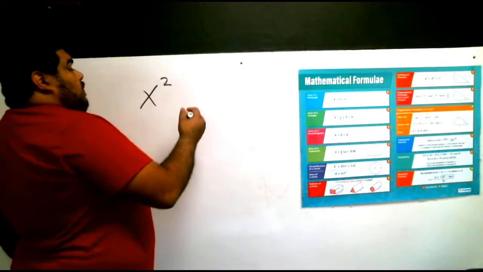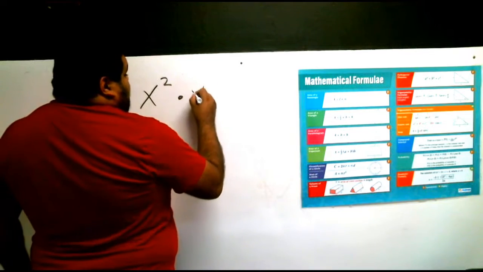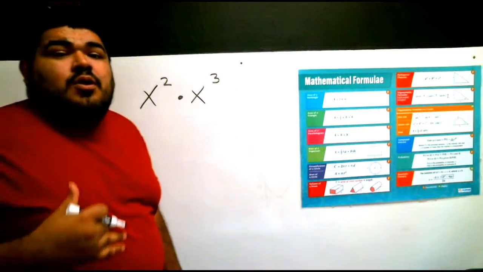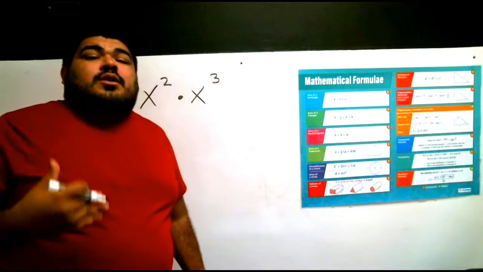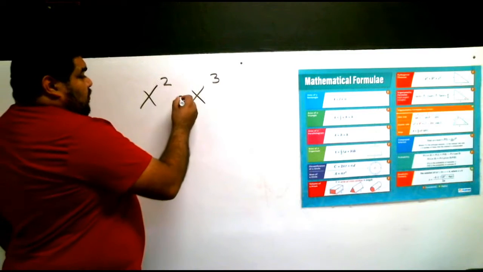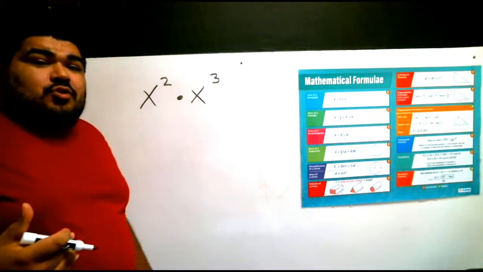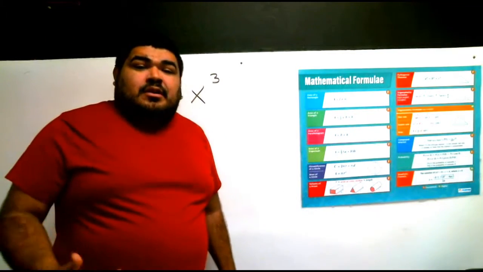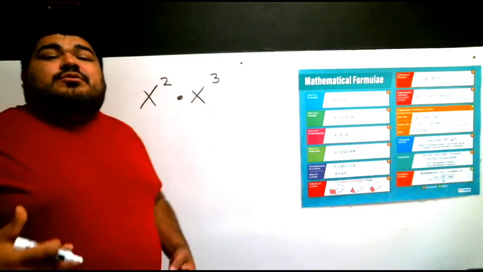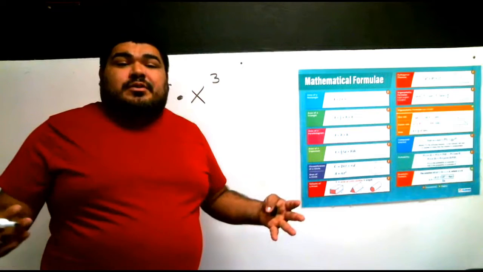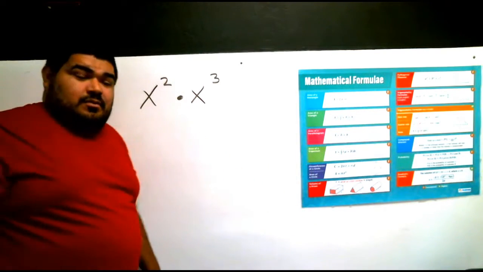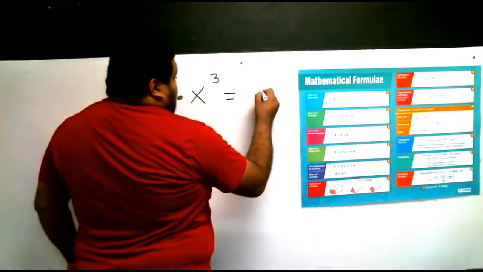x to the second power times x to the third power. The rule is, when you are multiplying two numbers that have variables, obviously today we're doing just variables, no numbers, all you have to do is leave x.